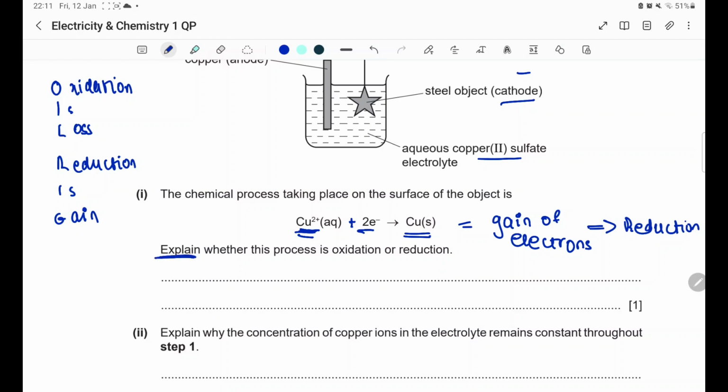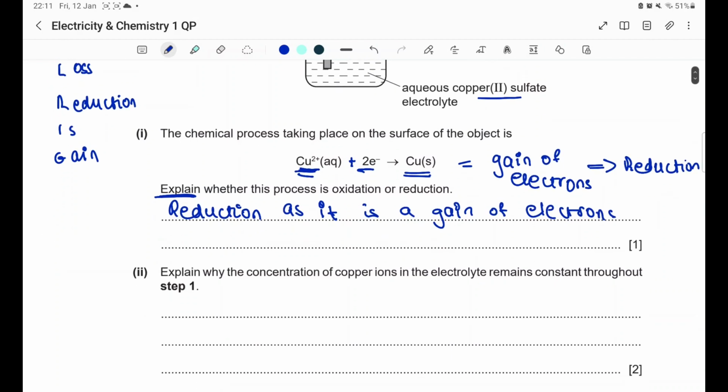They use the word explain, so you cannot simply write reduction. You are going to gain your 1 mark when you say reduction, as it is a gain of electrons. Remember, there's no half marking concept in Cambridge, so if you just write reduction, you're not going to get half a mark, you're not going to get a quarter mark, you're going to lose your entire 1 mark, so make sure you do not give the examiner a chance to do that.